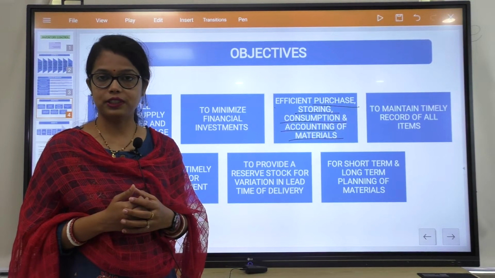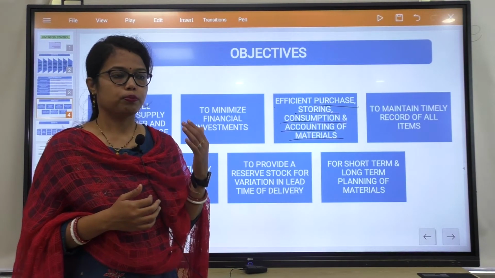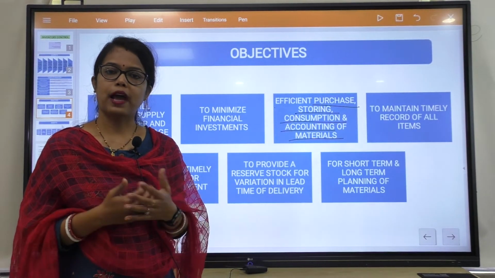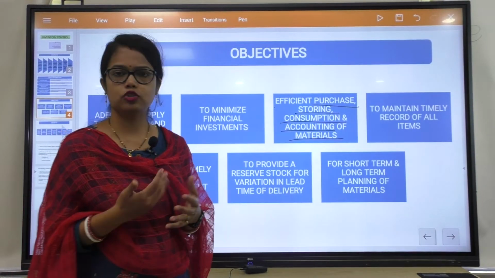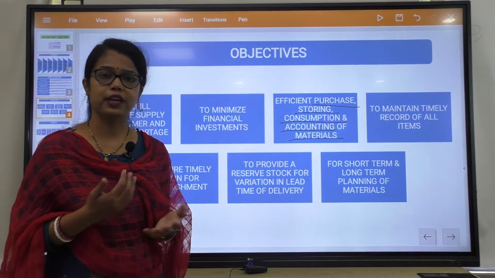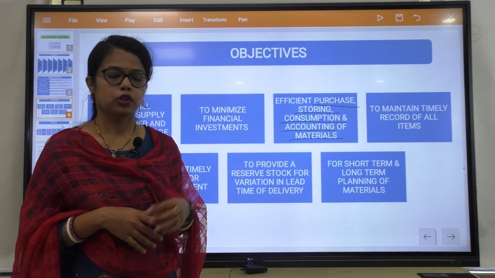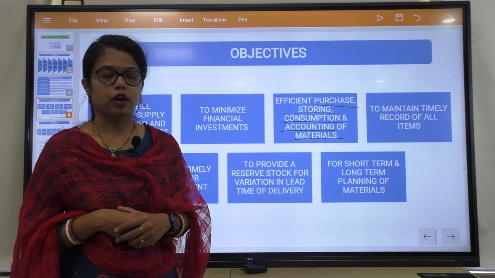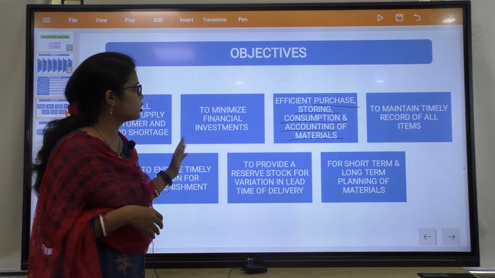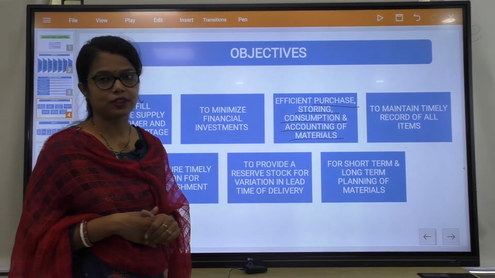So, our objective is to plan for short term or long term based on our product or the demand of our product. These are the most important objectives of inventory control.